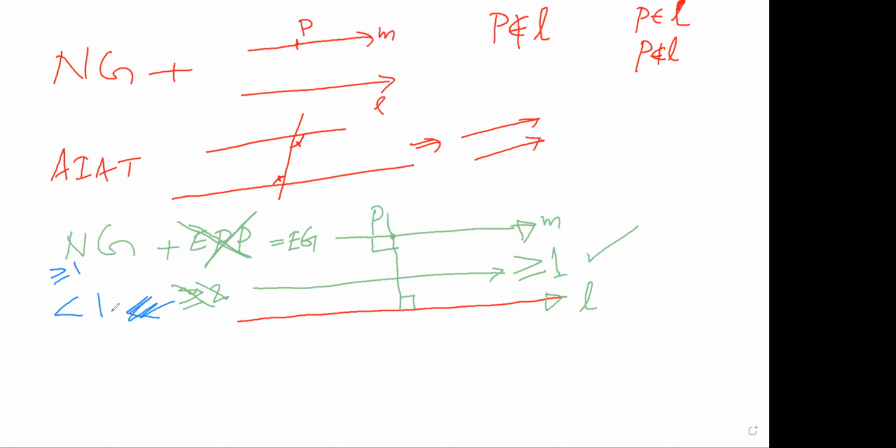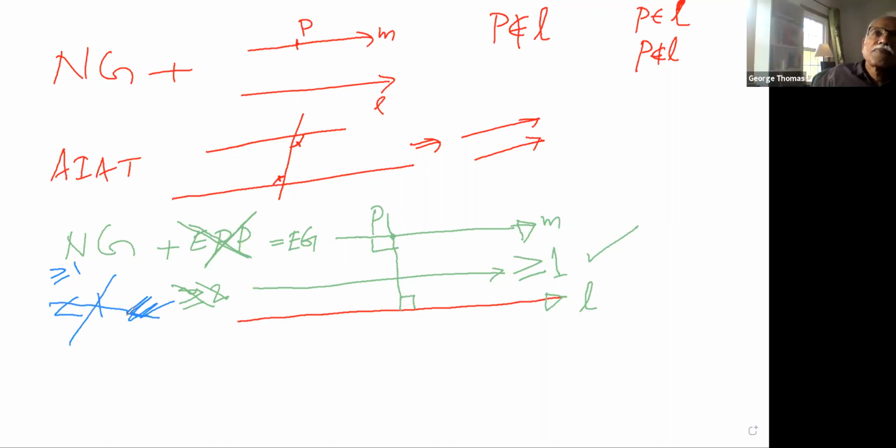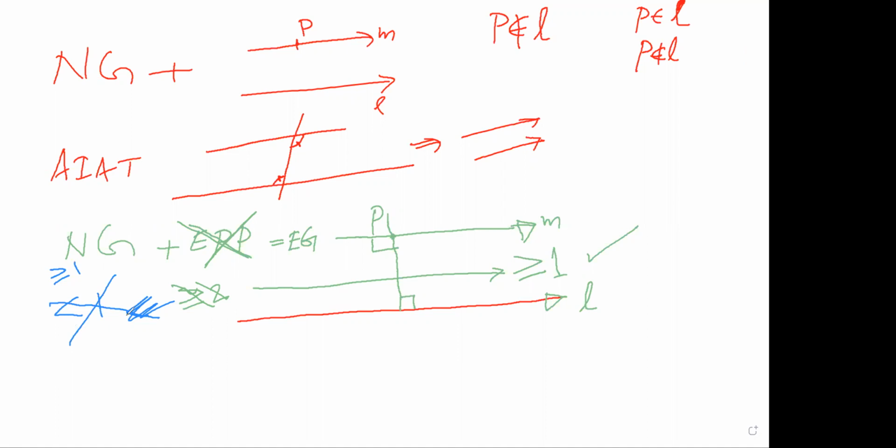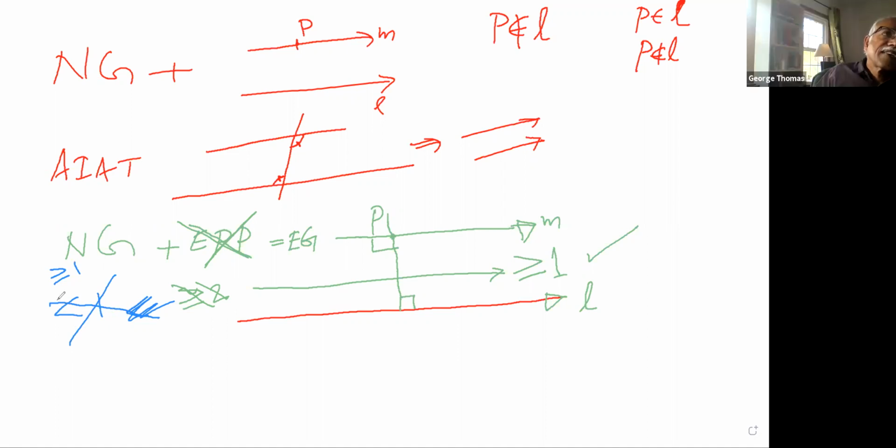It would violate neutral geometry. But we have proofs to back neutral geometry. So obviously that has to go. That's right. So this already gives us at least one parallel. So you cannot now say that there is less than one. If you said that, that would be a contradiction, wouldn't it? Agreed?